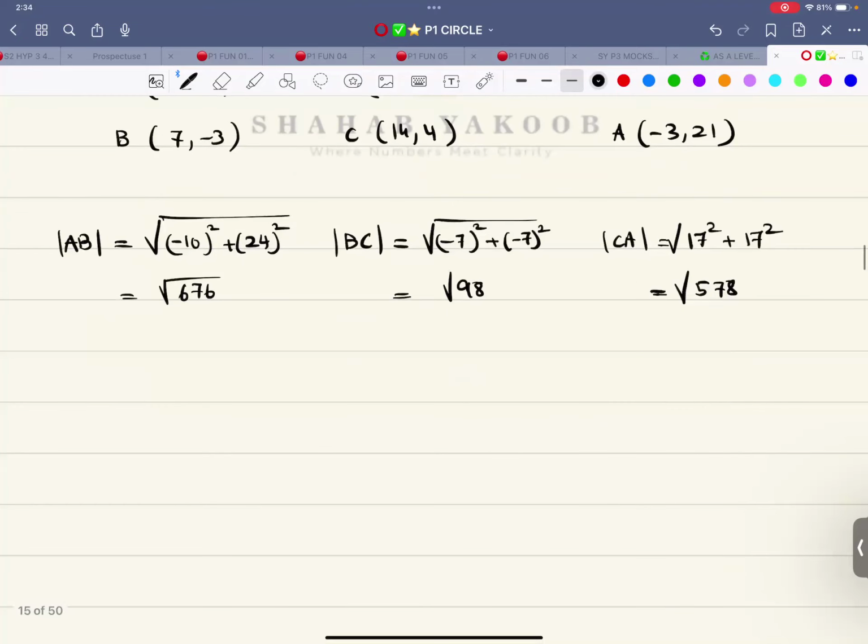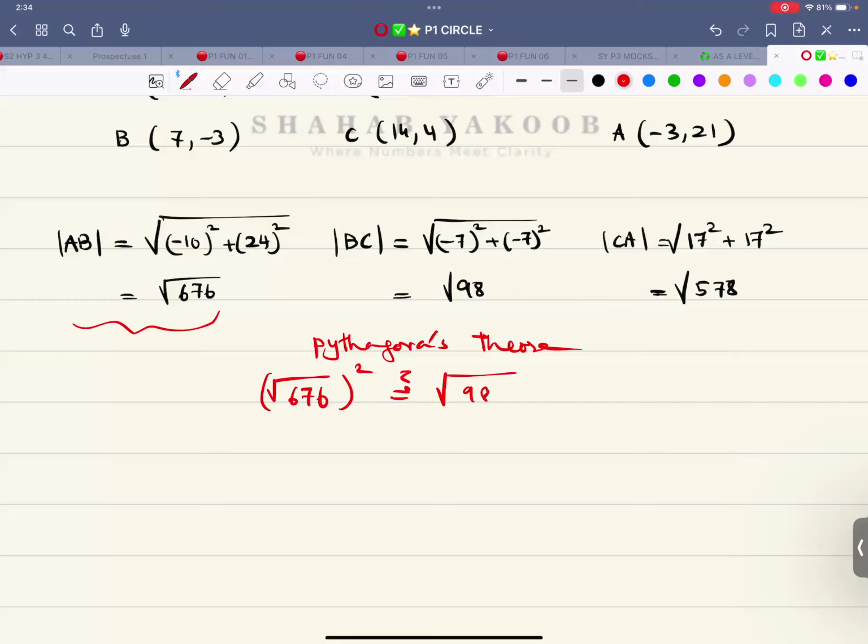So now, does it fulfill Pythagoras theorem? This is the greatest length. So therefore, I'll write Pythagoras from this perspective. Root 676 whole square, is it equal to root of 98 square plus root of 578 square?